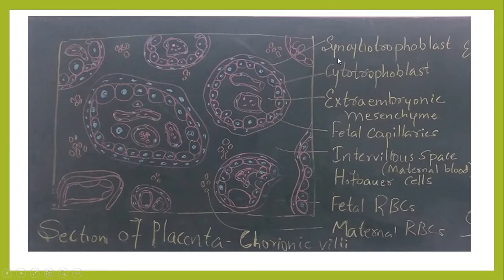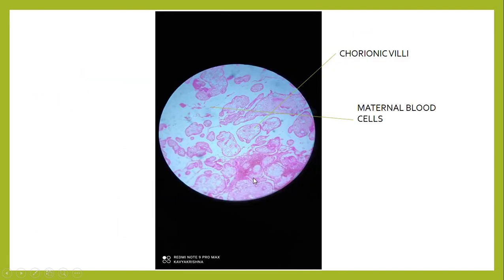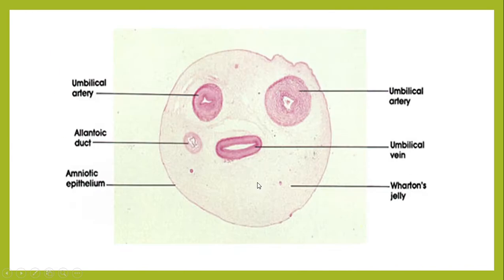This is a diagram showing the different stages of development with outer trophoblast, syncytial trophoblast and cytotrophoblast, and inside we can see the blood capillaries and the space between, which separates the fetal blood capillaries from the trophoblast. That space represents the extra embryonic mesenchyme or the mesodermal part. Understood? Yes, ma'am. Okay, so that is all about the two slides, placenta and umbilical cord.